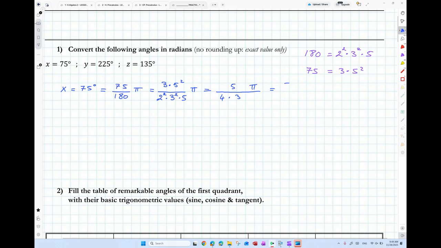So in terms of radians, I'll have 5 pi divided by 12 radians.